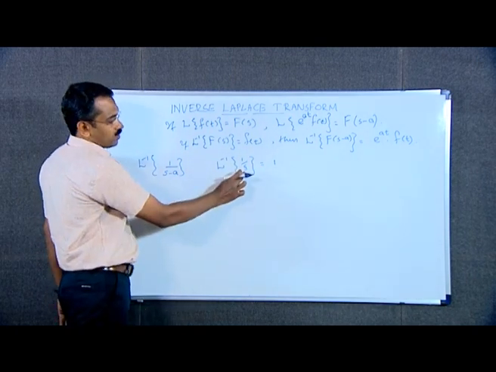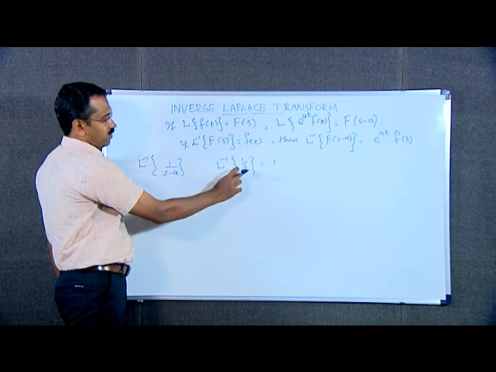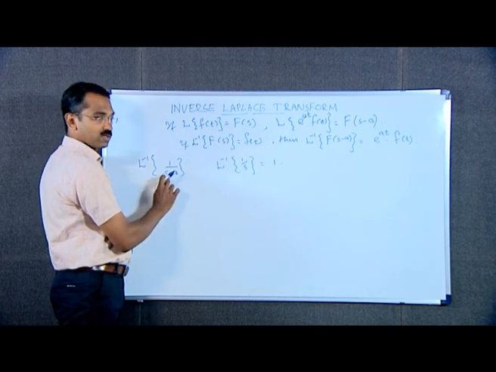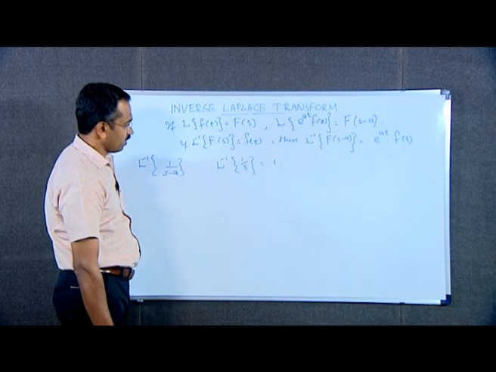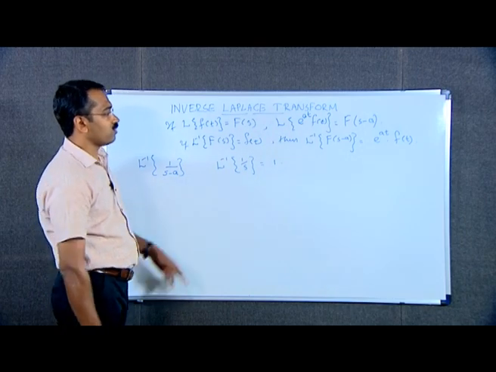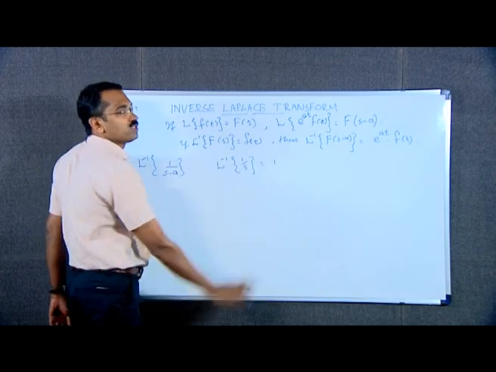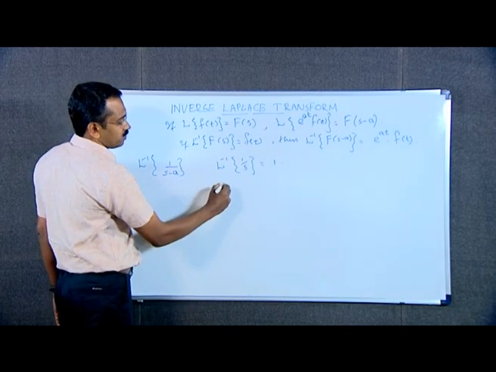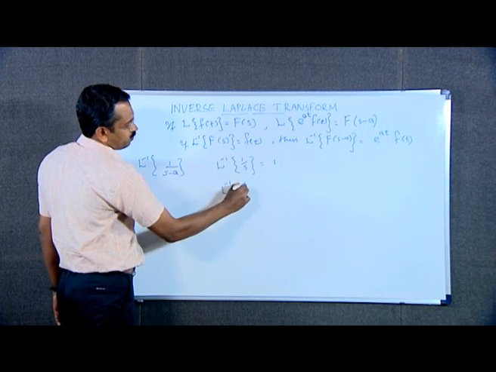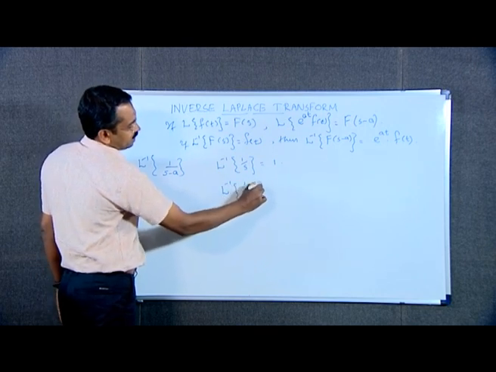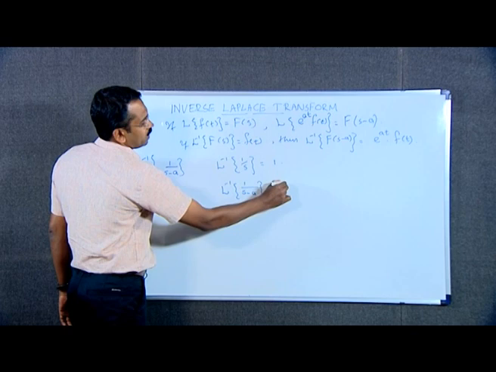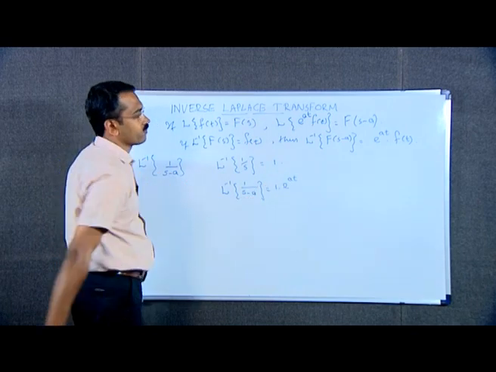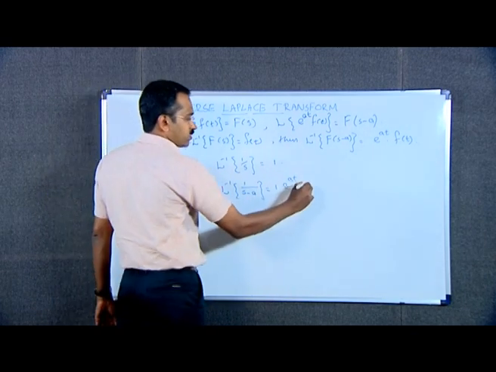Here, instead of s in the given function, it is s minus a. Therefore, we can use this shifting property for inverse. From this we can write L inverse of 1 by s minus a as 1 into e raised to at, that is e raised to at.